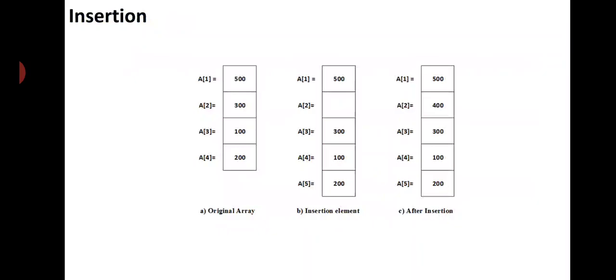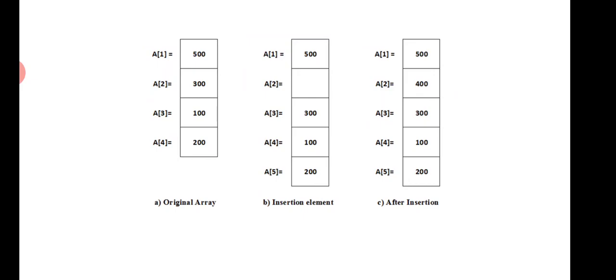Let's see the example. We have an array here, A of 1, 2, 3, 4, with elements 500, 300, 100 and then 200. Now I want to insert an element after A of 2, right? After 300 I want to insert an element. So when you insert this, A of 2 will become A of 3.